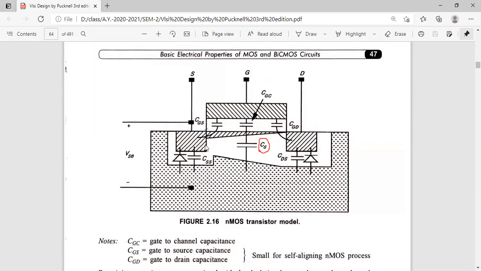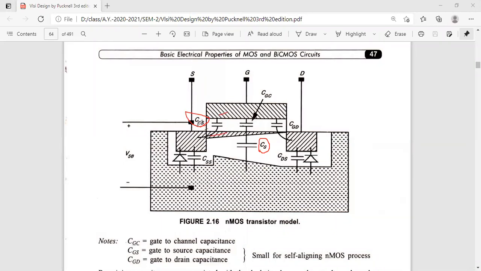Not only that, we also have capacitances between the gate and the channel. This is the gate, and this is the channel.